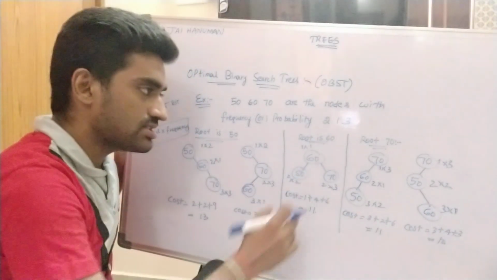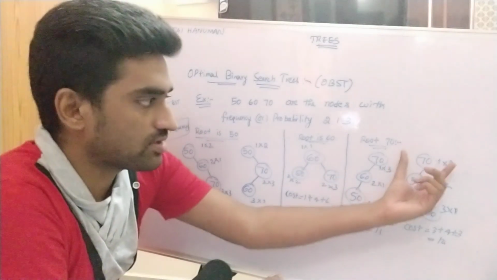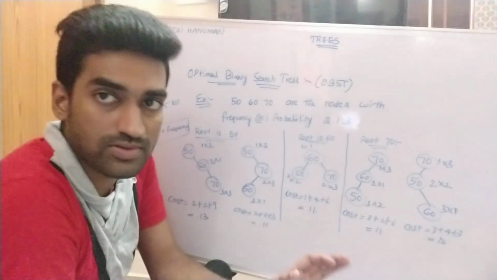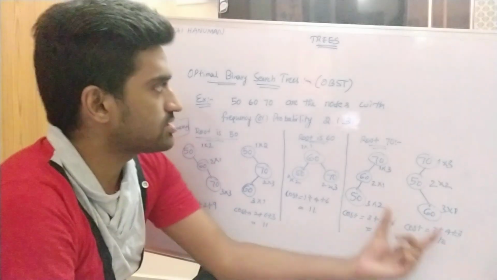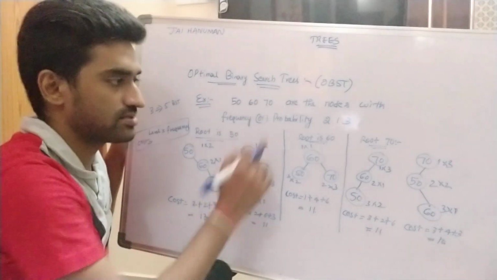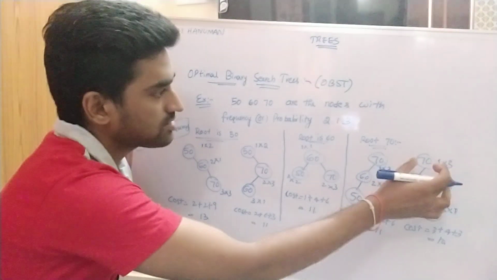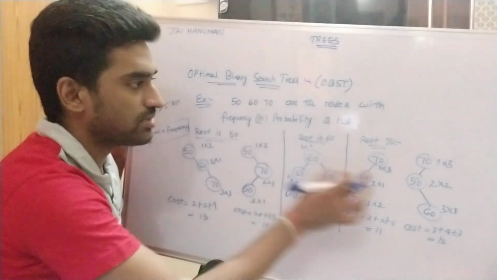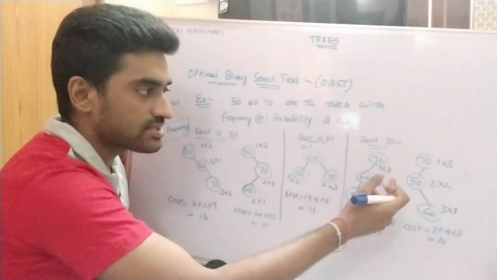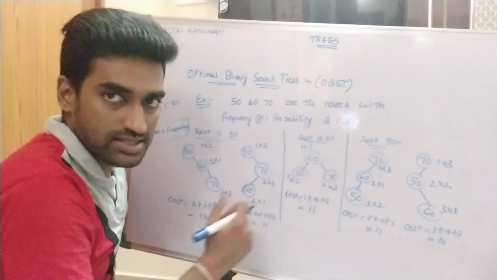Among these trees, which tree has the minimum cost? This tree contains the minimum cost, that is 10. That's why this tree is said to be the optimal binary search tree for these elements. Once we construct this binary search tree for these elements, we can access or search frequently as well as fast.